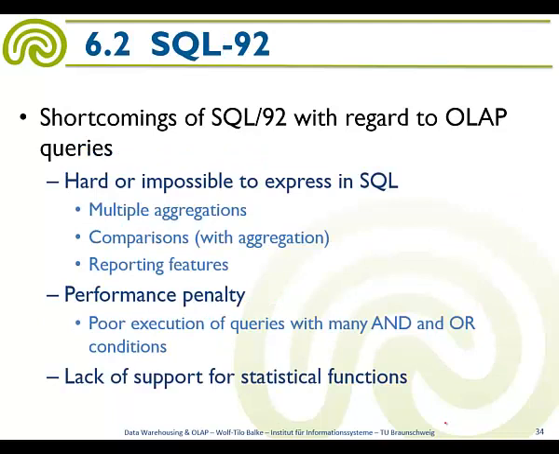So let's take a look at SQL 92, so the good old SQL, and see how to do OLAP queries, right? It's very hard to express multiple aggregation in SQL. So what we really want, if you remember those, I have the time here, for example, I have the shop here, right?